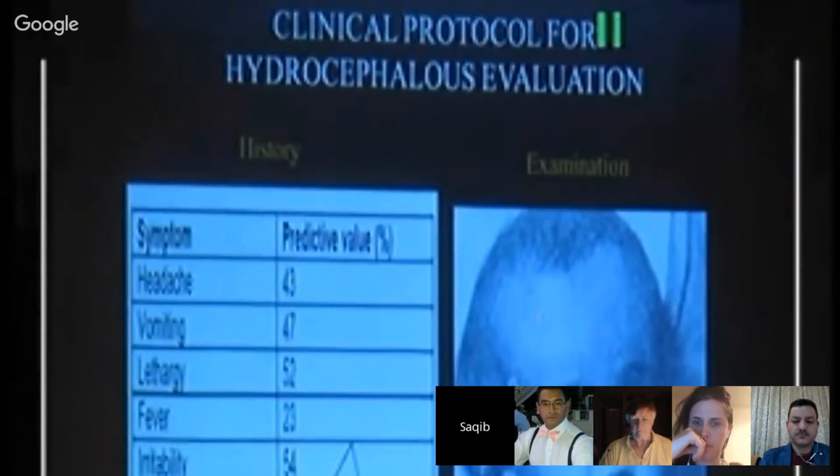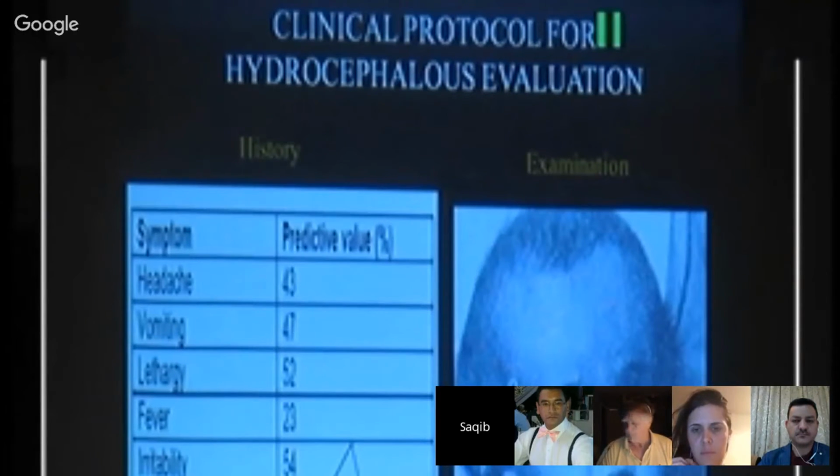You can also appreciate prominent veins all over the scalp. And if the sutures are not closed, you find that the sutures are separated because of the increase in intracranial pressure. These are a few of the findings on the head and the eye area that you can see in a patient who's got raised ICP.